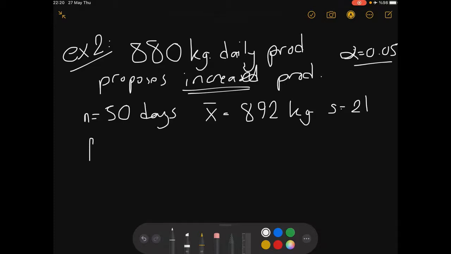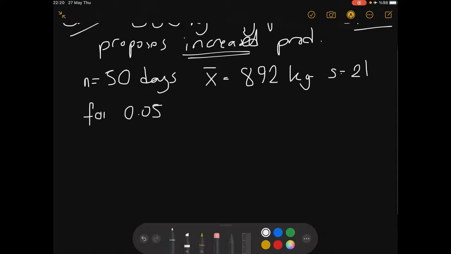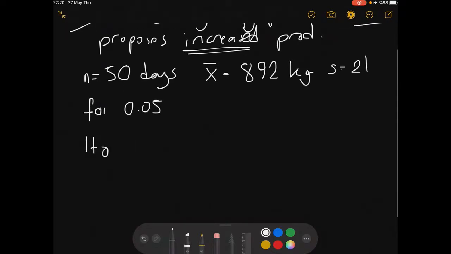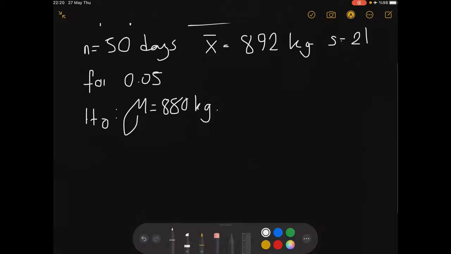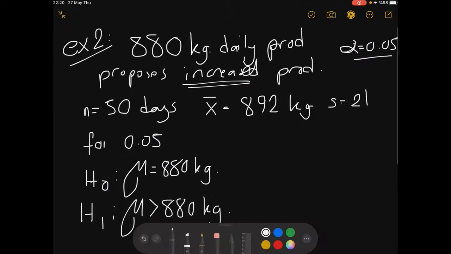Okay, what we're doing is for 0.05, and your H0 hypothesis should be built like this: mu equals 880 kilograms, and your alternative hypothesis should be mu is, look at this, more than 880, because what we're testing is whether it increased the production or not, not whether it is different.